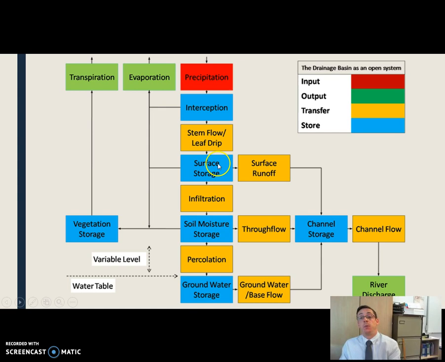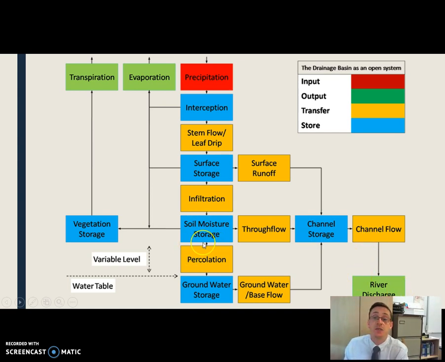Now, that's where we've got the moisture on the surface of the earth that's actually going into the earth's surface, and it then gets stored in the soil. Now again, there's a couple of options for what can happen here. Some of that then gets stored in vegetation, it gets drawn up into plants, where it will eventually be transpired out into the atmosphere. Some of it will then travel through the earth's surface straight into a river, where it then gets put into channel storage, then into channel flow, and into river discharge.